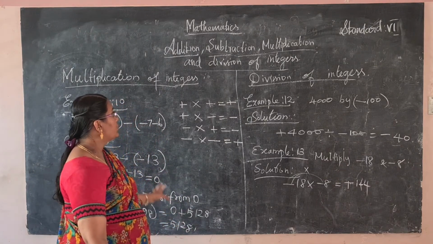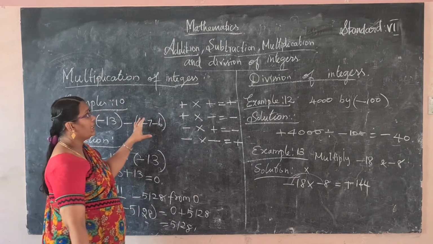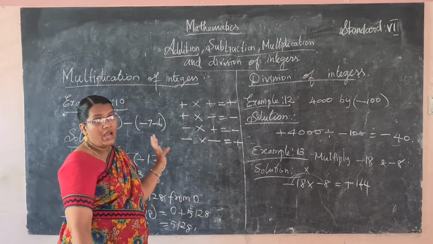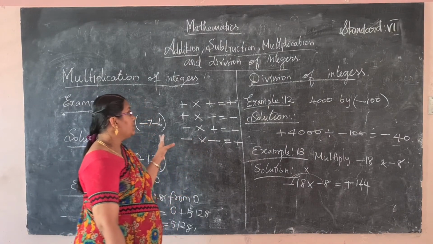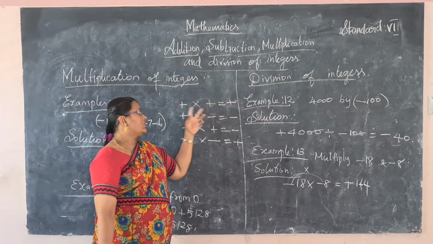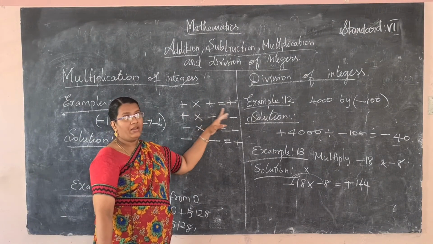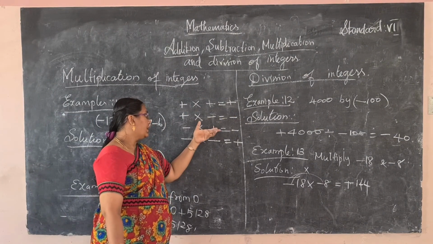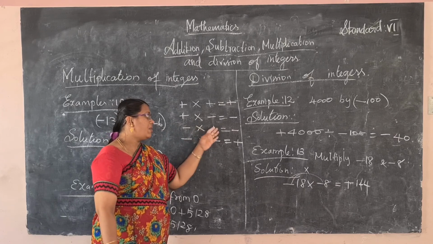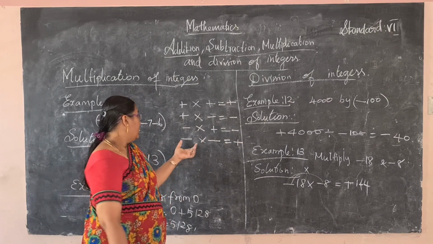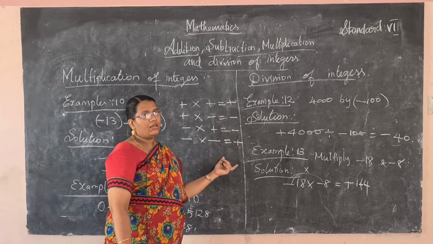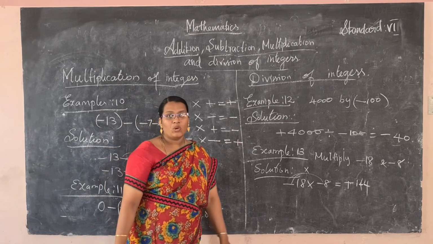And next one, multiplication and division of integers. So what is the rule? Two positive integers multiplied, we get the positive. Two numbers with different signs multiplied, we get the negative. And two negative numbers multiplied or divided, we get the positive.